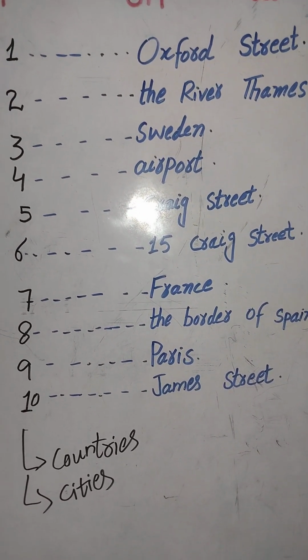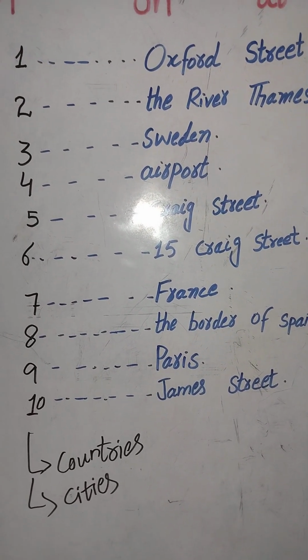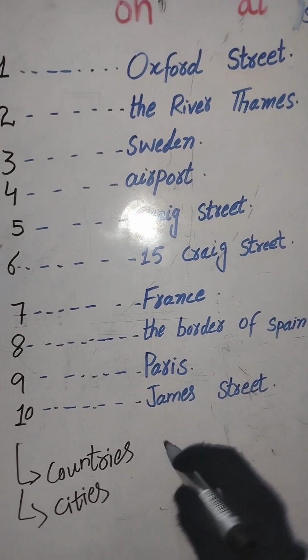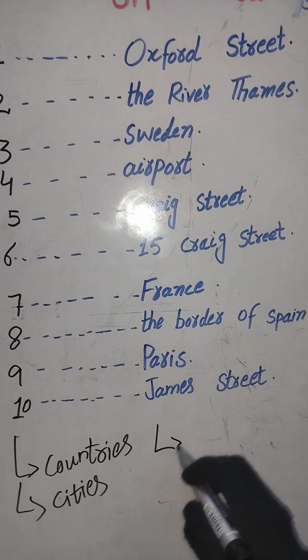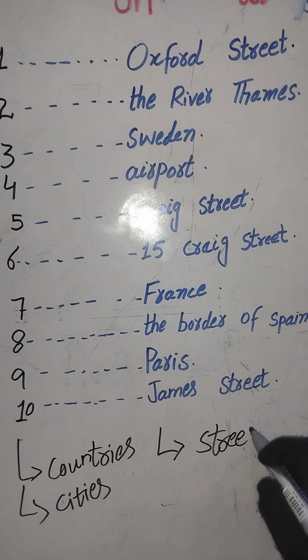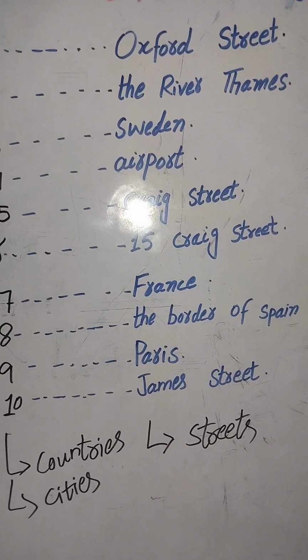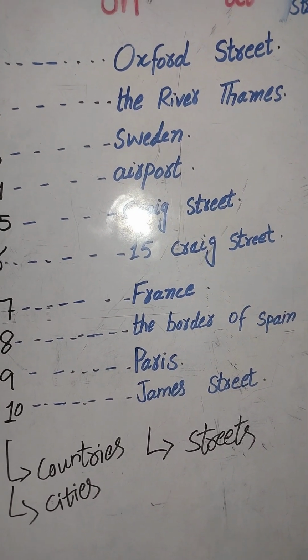Where do we use on? On is used for streets, right? Whenever you have names of streets we use on.